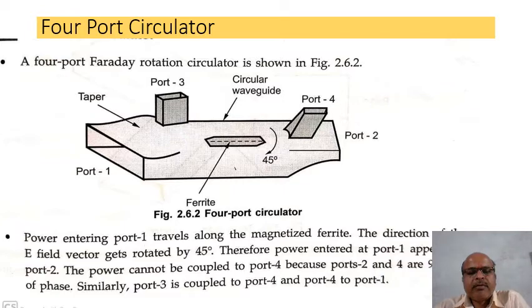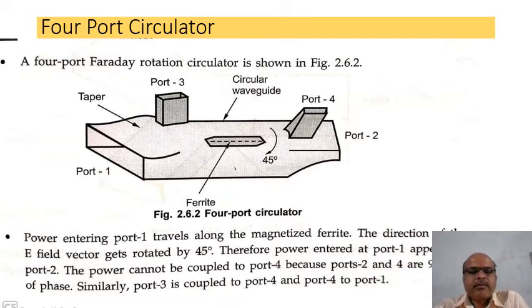The power cannot be coupled to port 4 because port 2 and port 4 are 90 degrees out of phase. Similarly, port 3 is coupled to port 4 and port 4 is coupled to port 1.